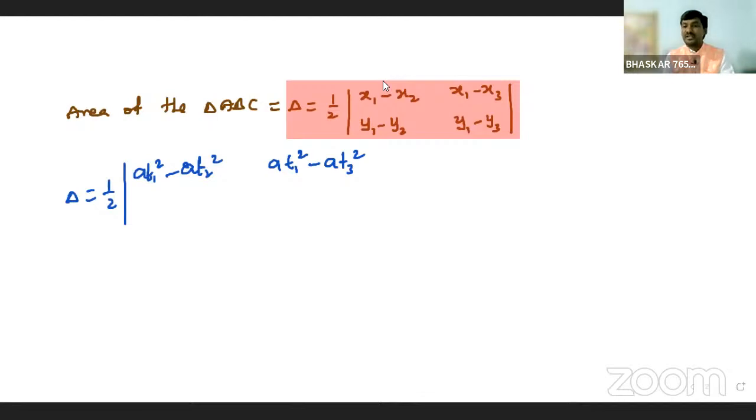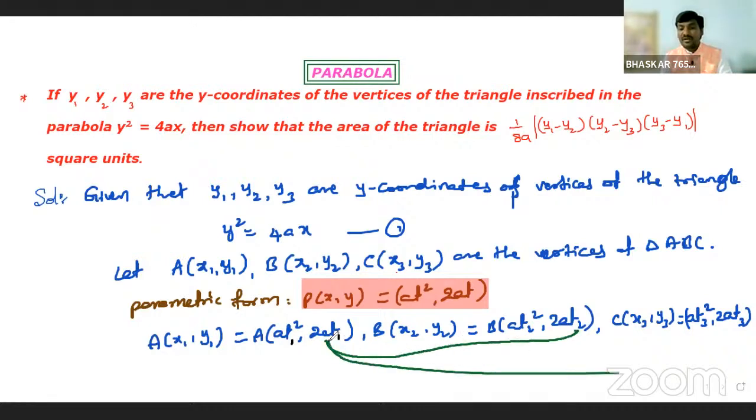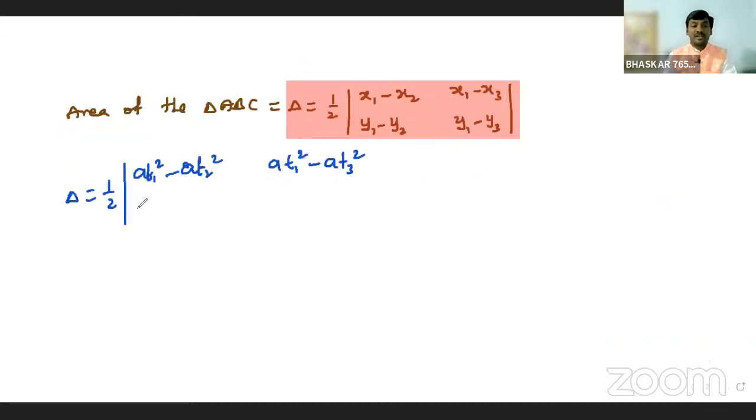Understood? Next, the y coordinates: y1 minus y2 and y1 minus y3, that means 2a t1 minus 2a t2 and 2a t1 minus 2a t3. It is very simple, just try to understand how we are applying it. Now for the remaining part, the 1 by 2 I am writing as it is.